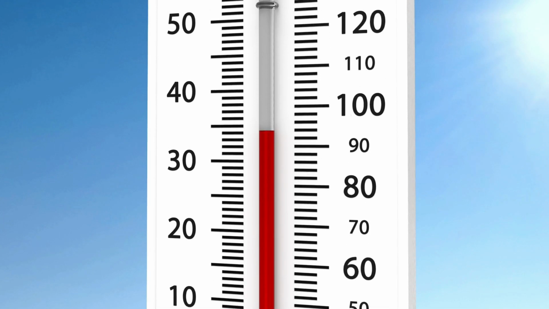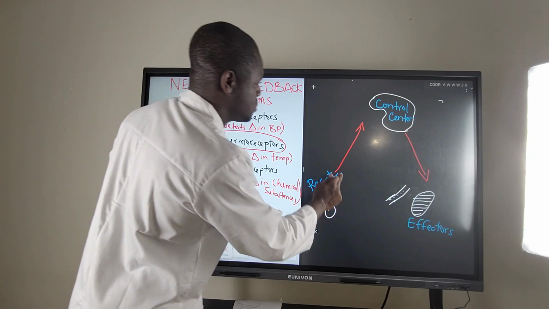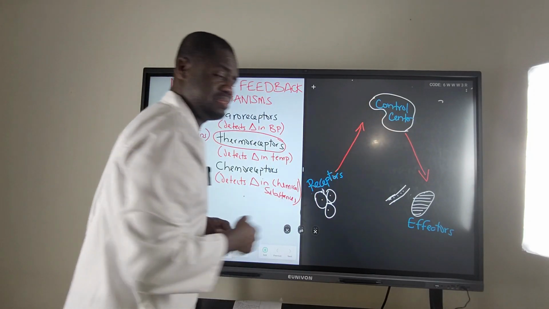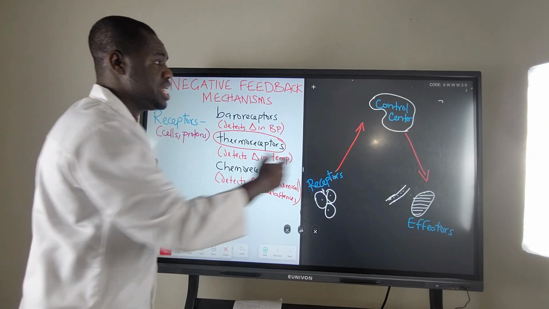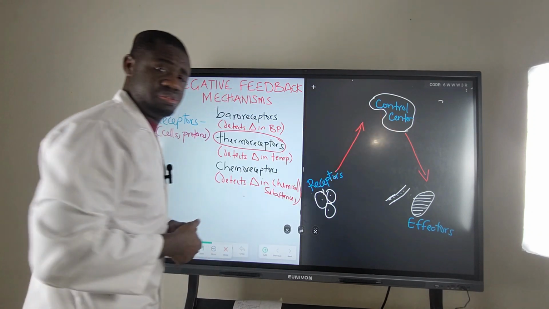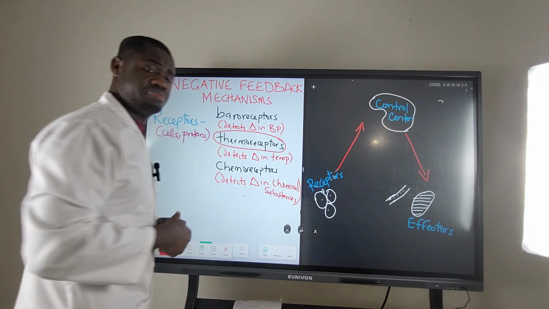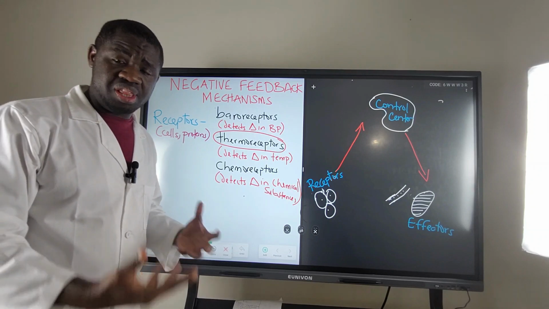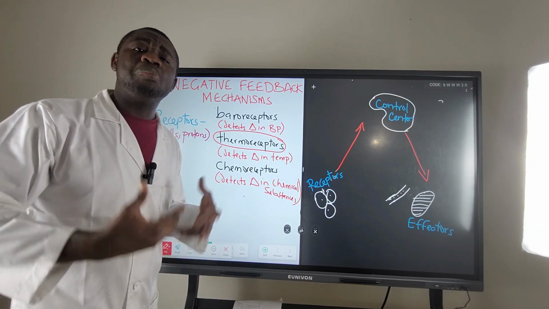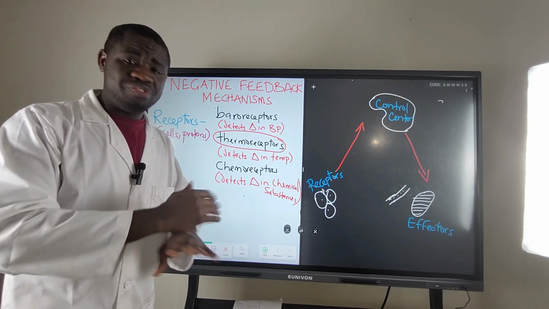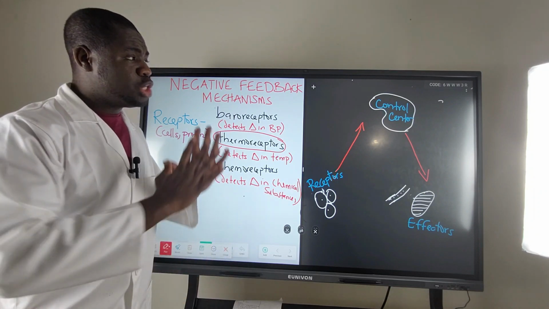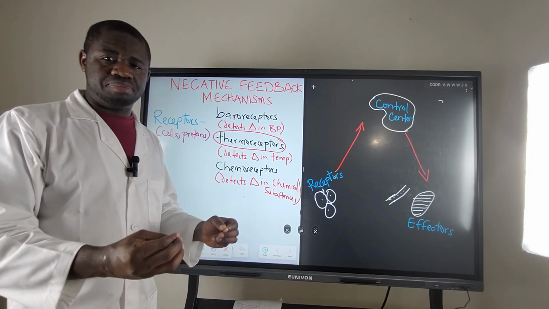And what will they do? They will send signals to the control center, which is the CEO, the boss. You know, the CEOs, the boss, they are decision makers. They don't have to do anything. Their job is to make decisions.